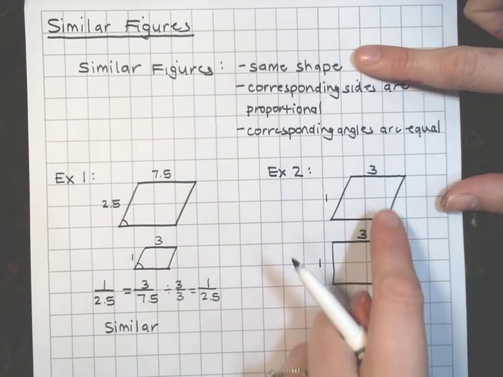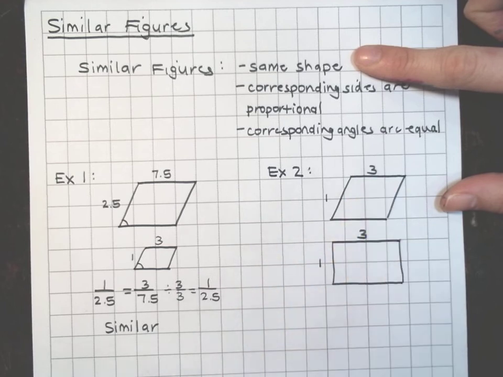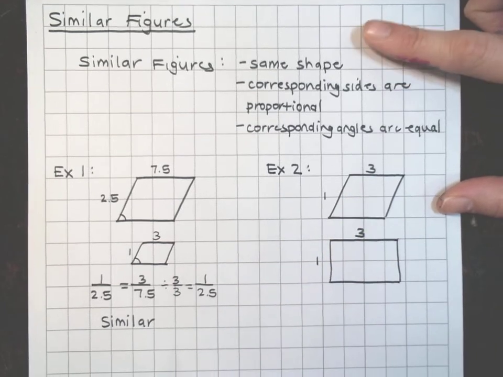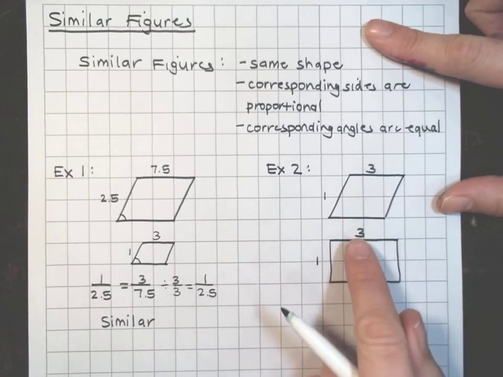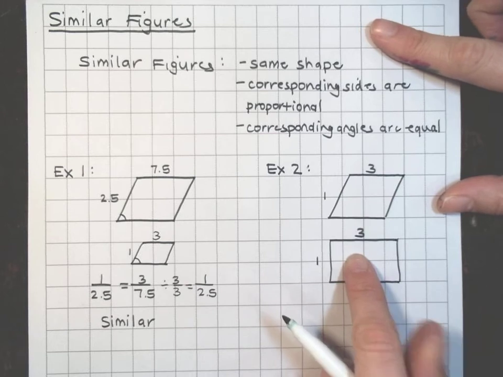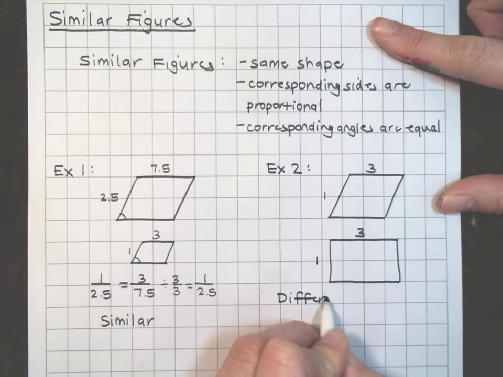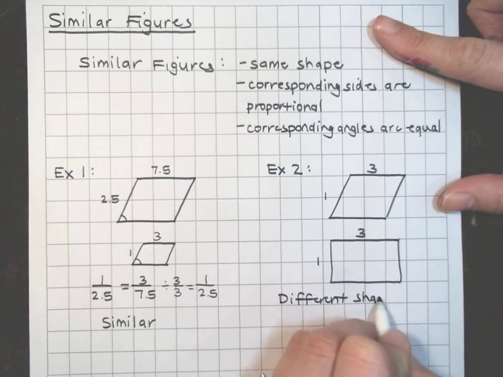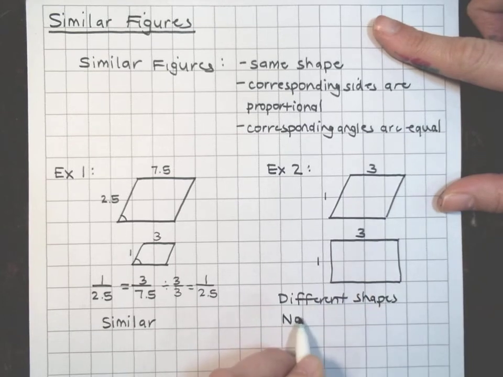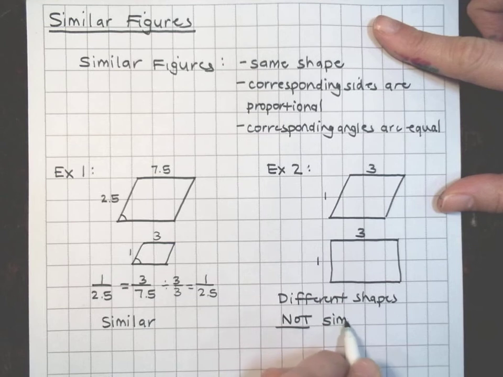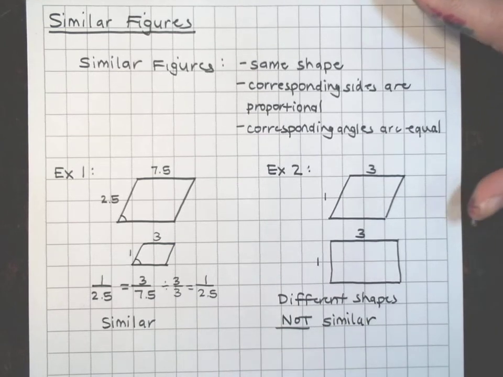Are these two shapes the same shape? No, this is a parallelogram and this is a rectangle. So they are different shapes, which means they are not similar. Remember, similar shapes have to be the same shape.